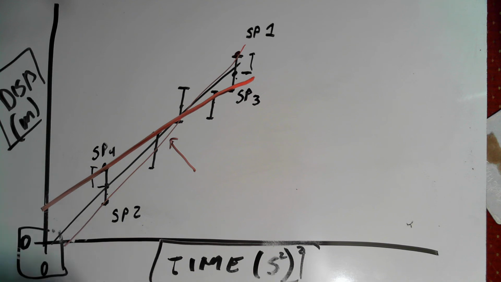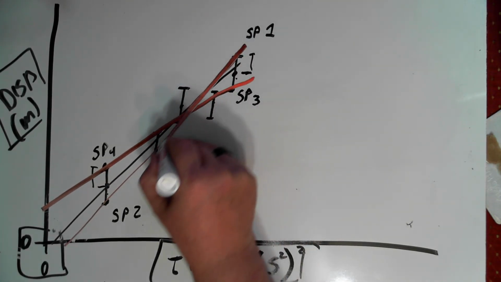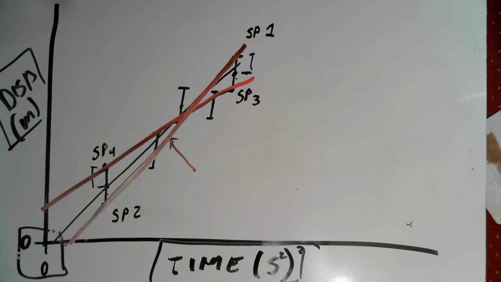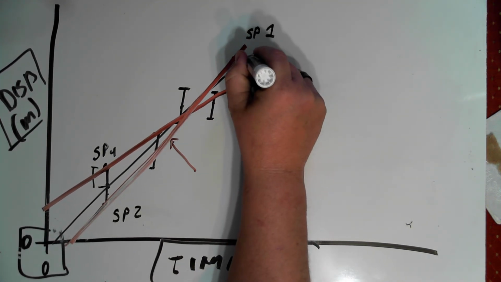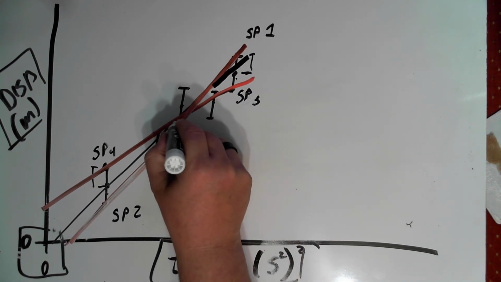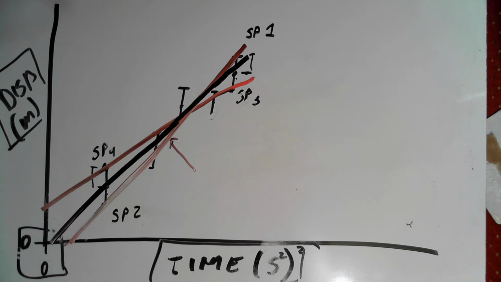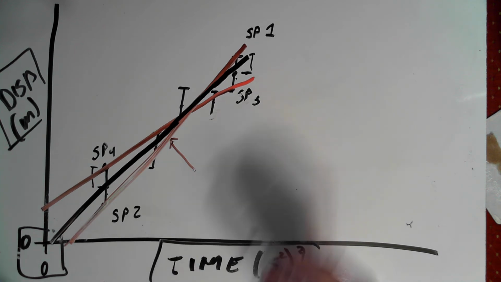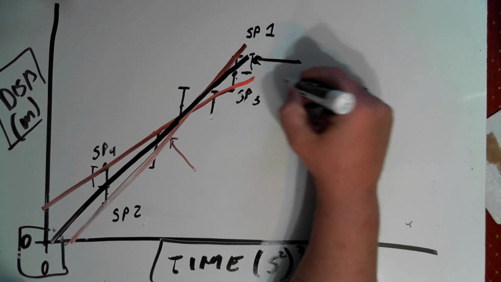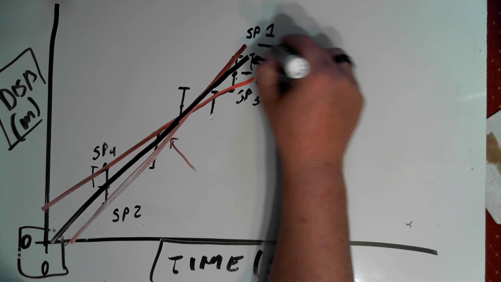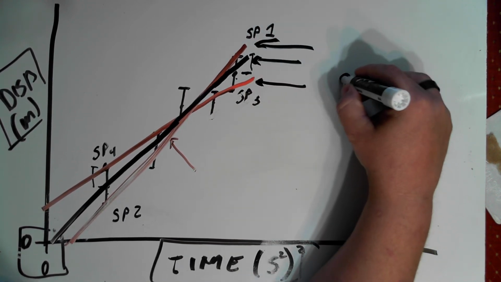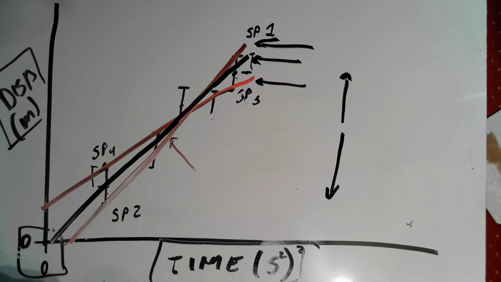So I have a line here and a line above it, and then my real data in a different color and a different style, in this real curve. Now I can measure that slope, and this slope, and this slope, and see how much my data is fluctuating from the slope.